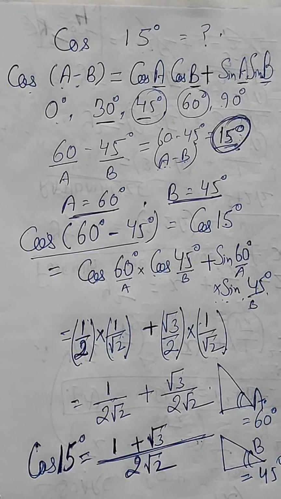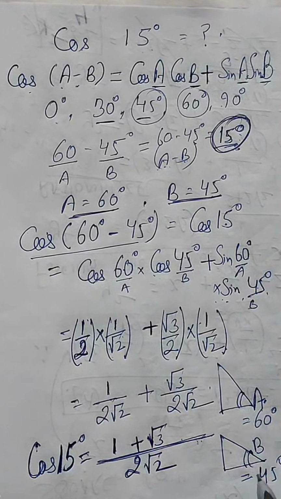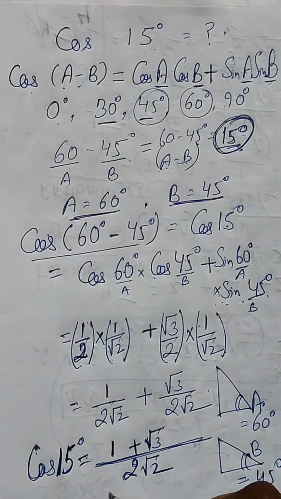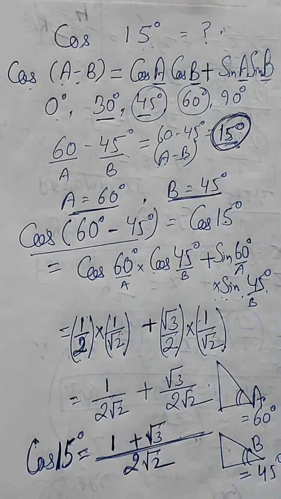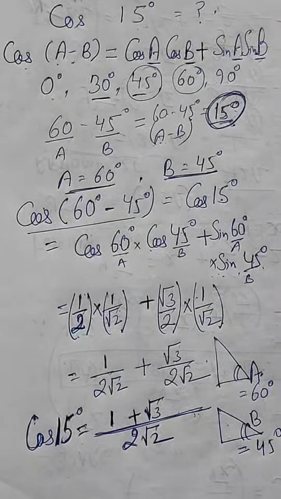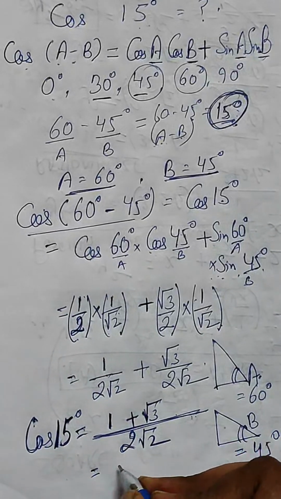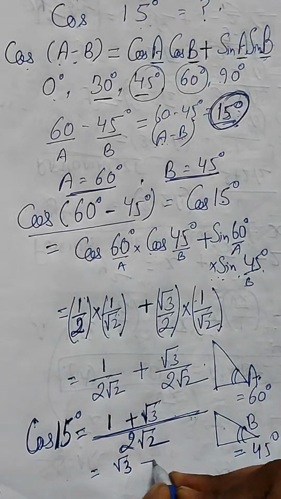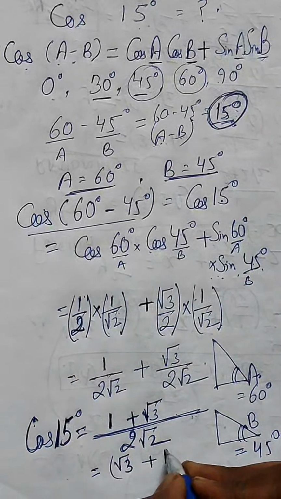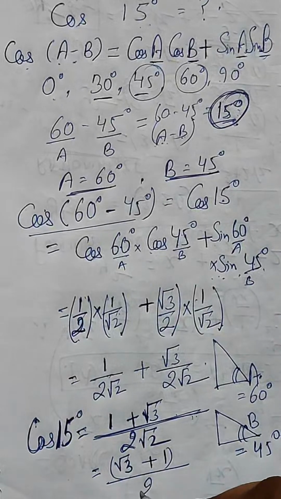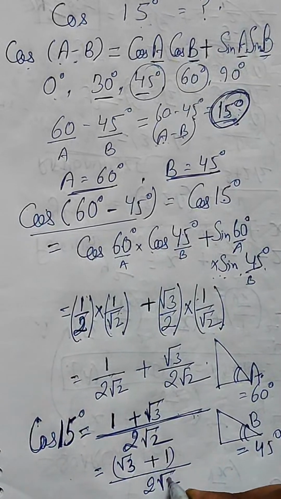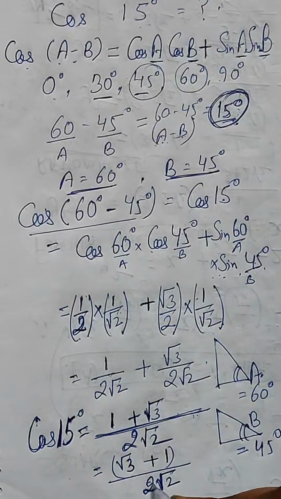The answer is cos 15 degree equals 1 plus root 3 by 2 root 2, and this can also be written as root 3 plus 1 by 2 root 2.